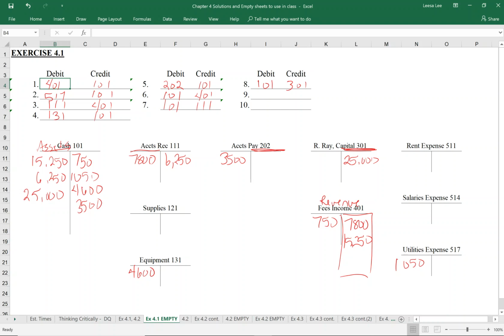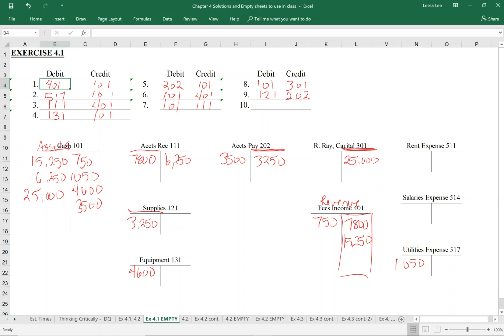And number 9, purchase supplies for $3,250 on credit. Supplies is an asset, so we're going to increase our asset by $3,250. And we did not pay for them with cash, so that's a liability. So we're adding to our liability $3,250. So that is 121 and 202.